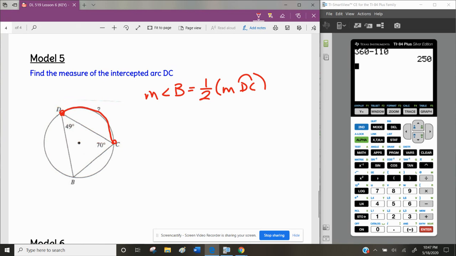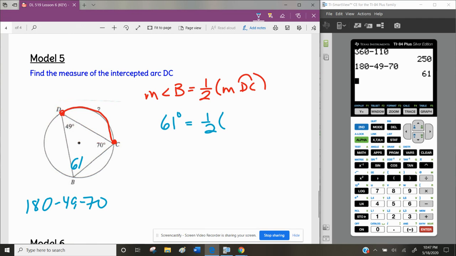So we want to know how many degrees is in this arc here. So again, to find angle B, I could do 180 minus 49 minus 70. And that would give me the inscribed angle at angle B, so 61.